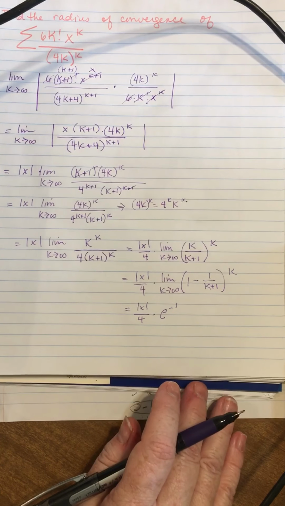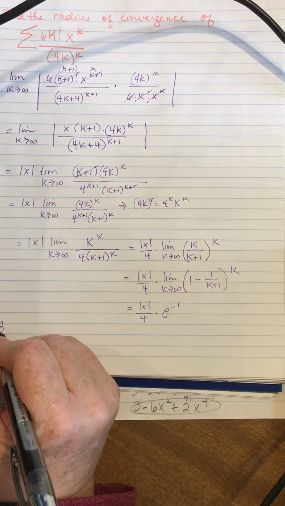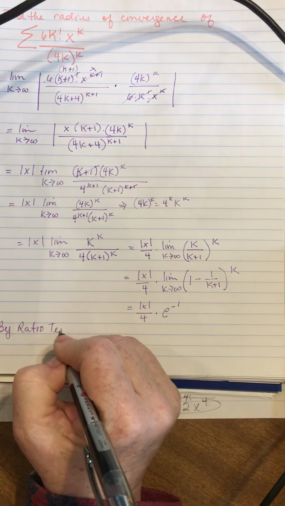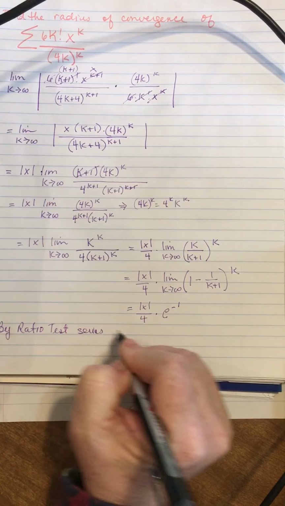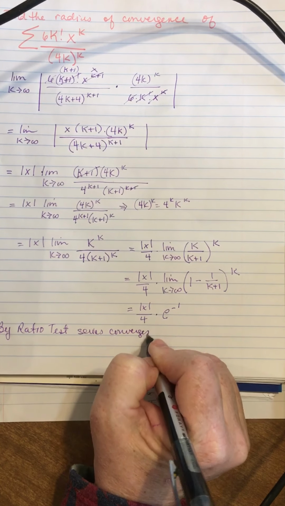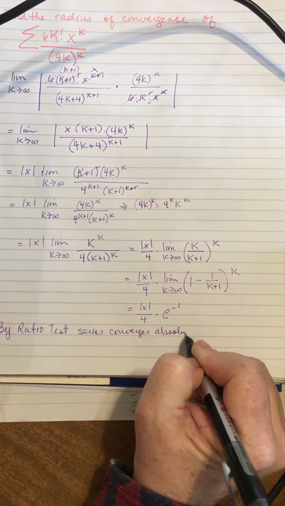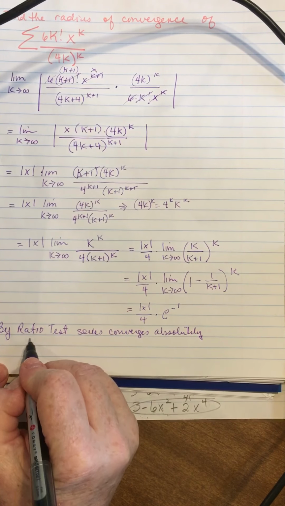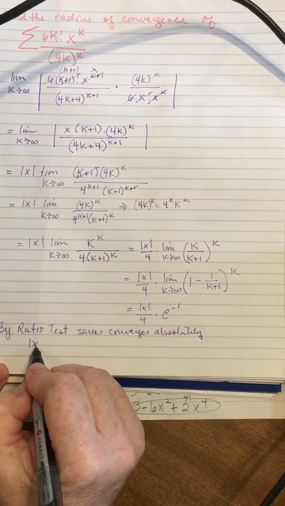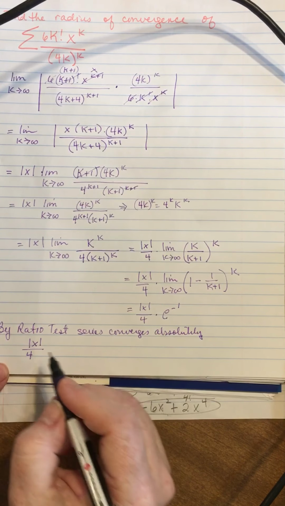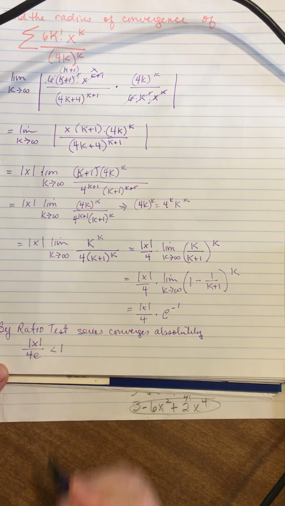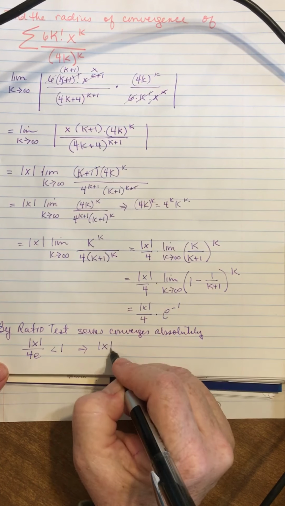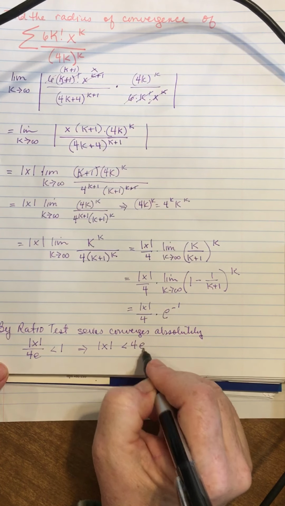And so what we know is that this series converges by the ratio test, converges absolutely when that limit, which is absolute value of x over 4e, is less than 1. So that would mean that the absolute value of x is less than 4e.